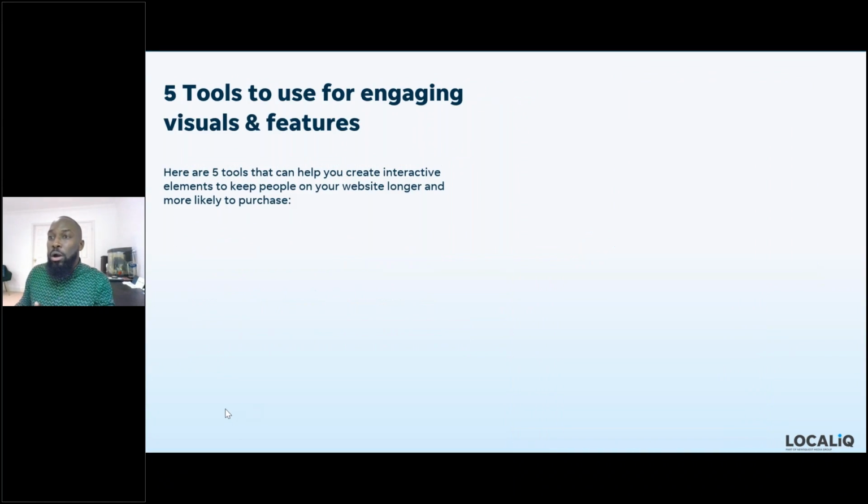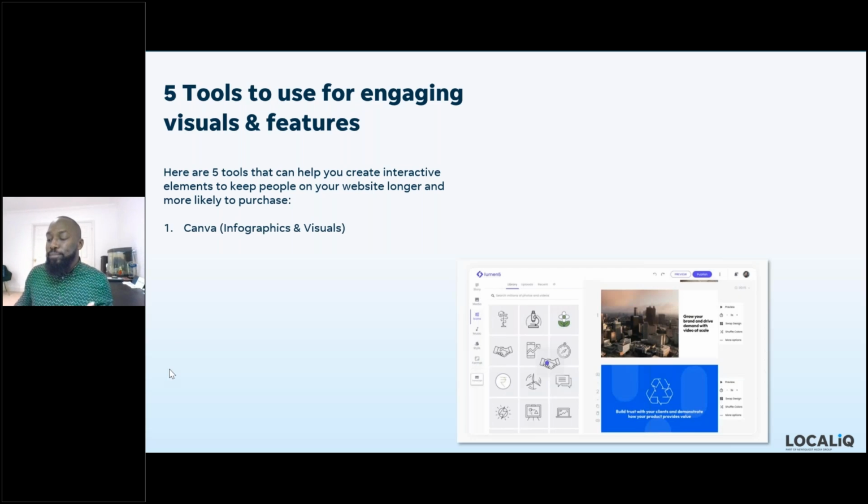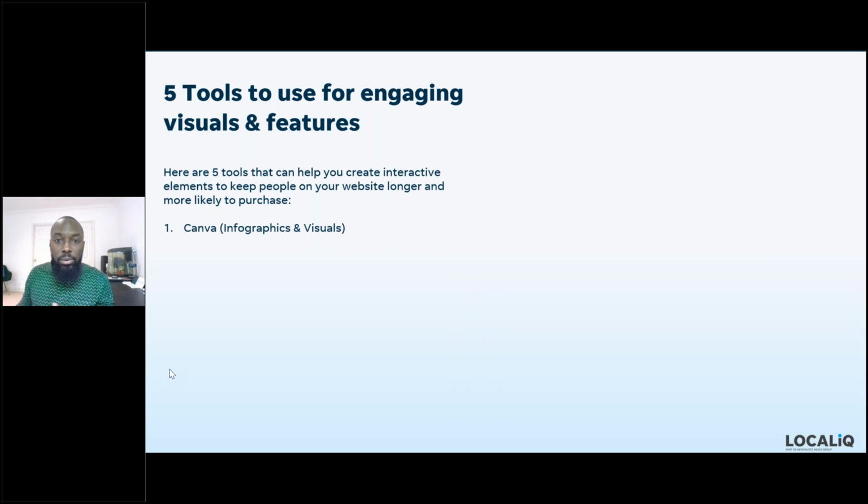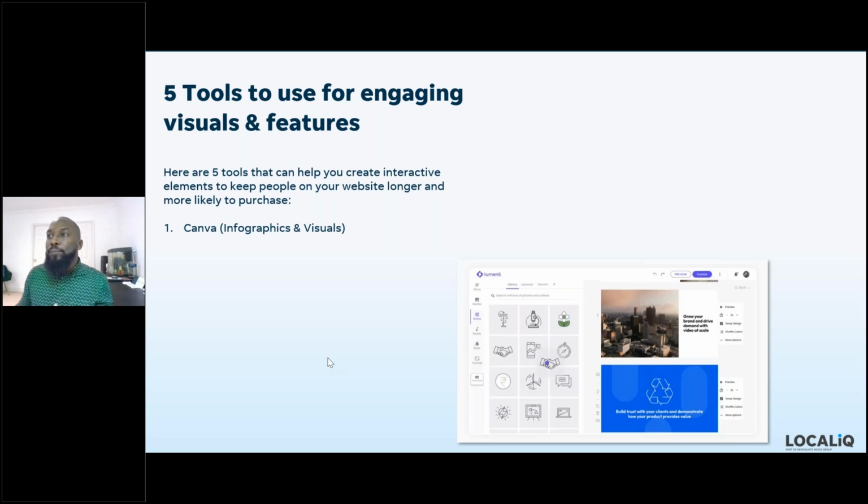And then here are some tools that you'll find useful when you're trying to make your content more engaging and more interactive. One popular tool that you probably have heard about is Canva. It's an easy to use design tool. It helps you create infographics, presentations, and a lot of other visuals without needing to have a whole lot of advanced design skills.